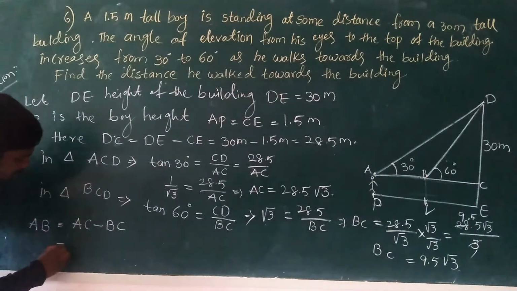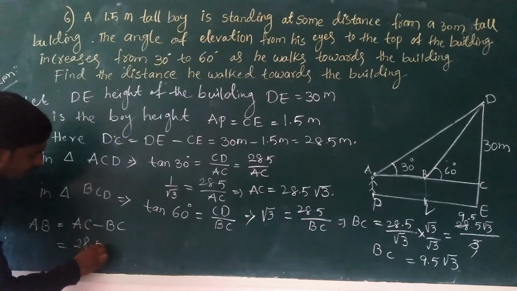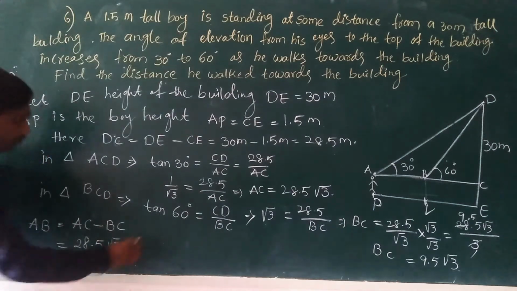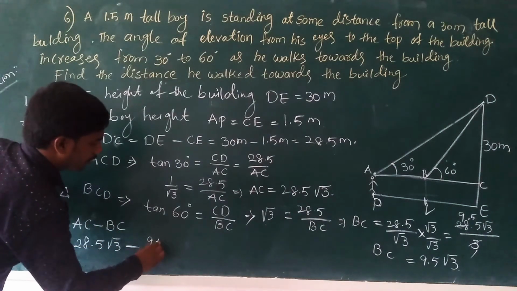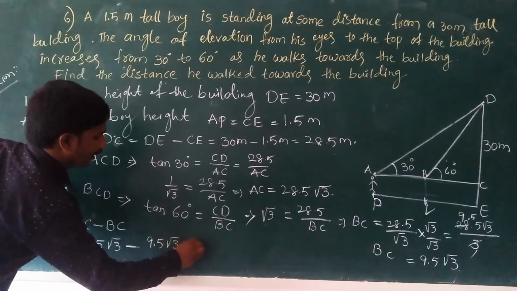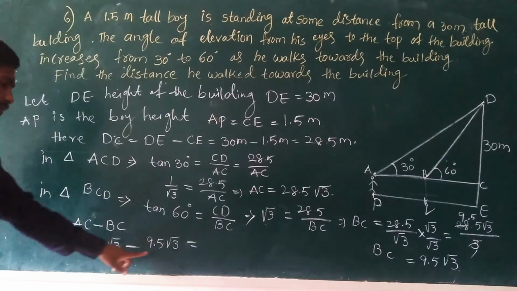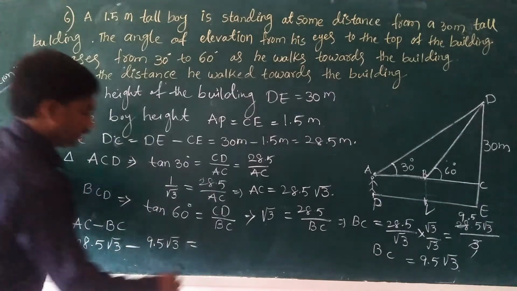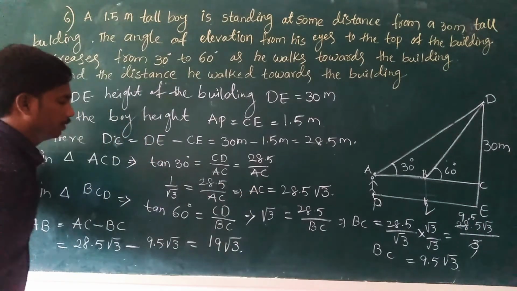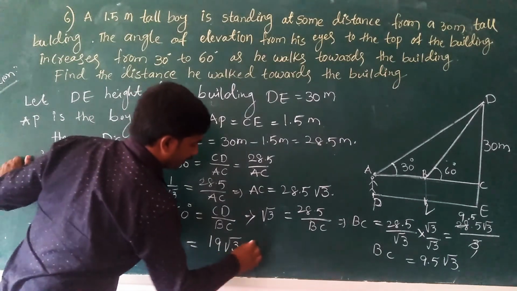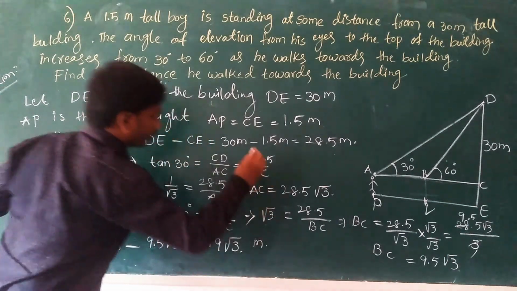So 28.5 root 3 minus 9.5 root 3. 28.5 minus 9.5 is 19 root 3. So 19 root 3 meters.